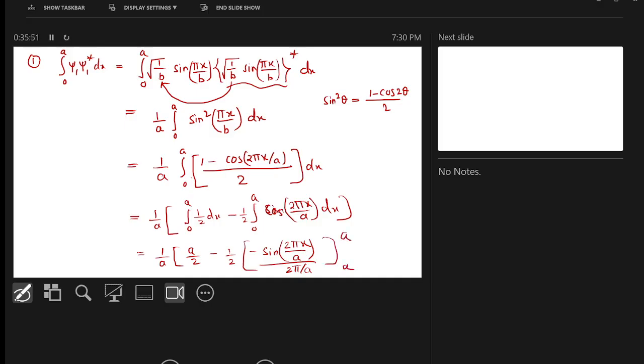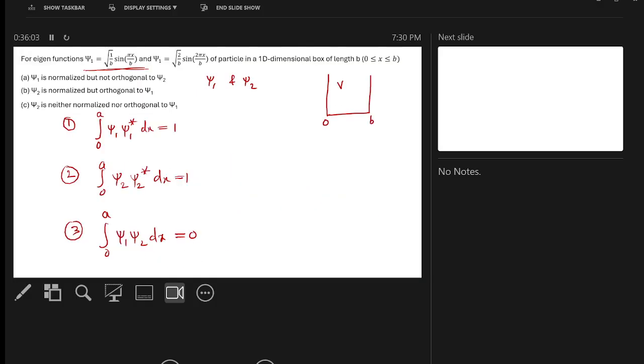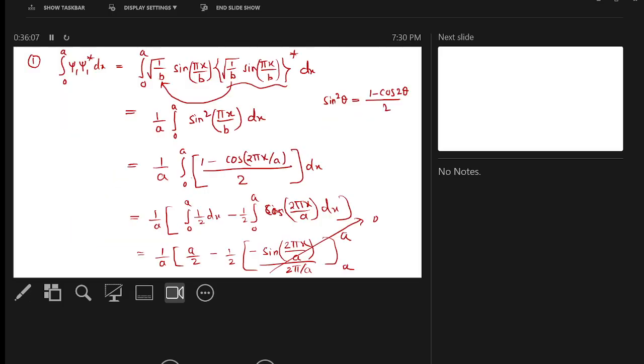So you will substitute this here, this whole term will go to 0. This whole term will go to 0 because you will get something like sine 2 pi minus sine 0, and sine is your periodic function.